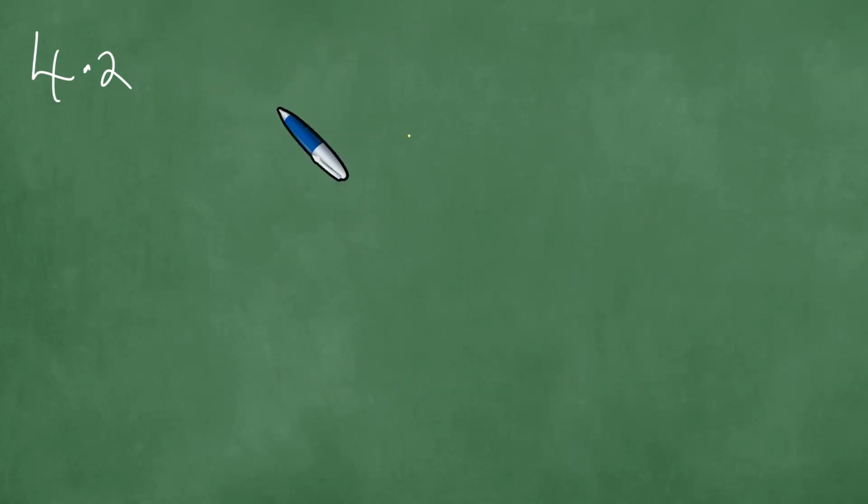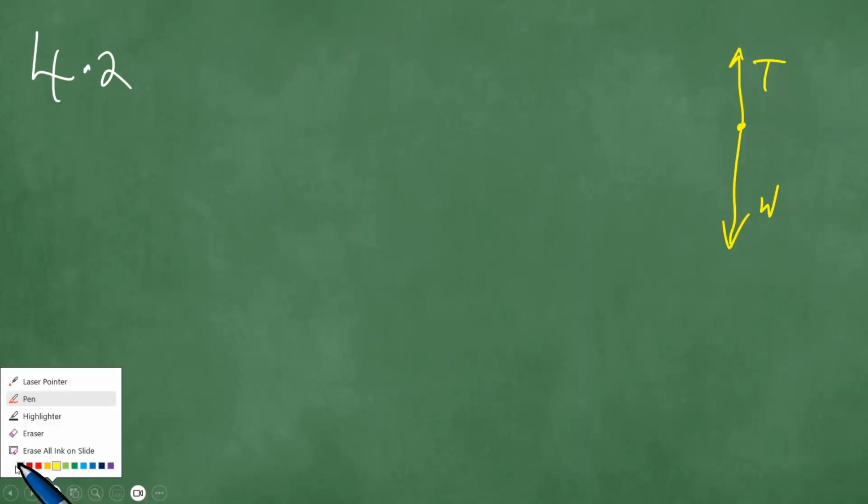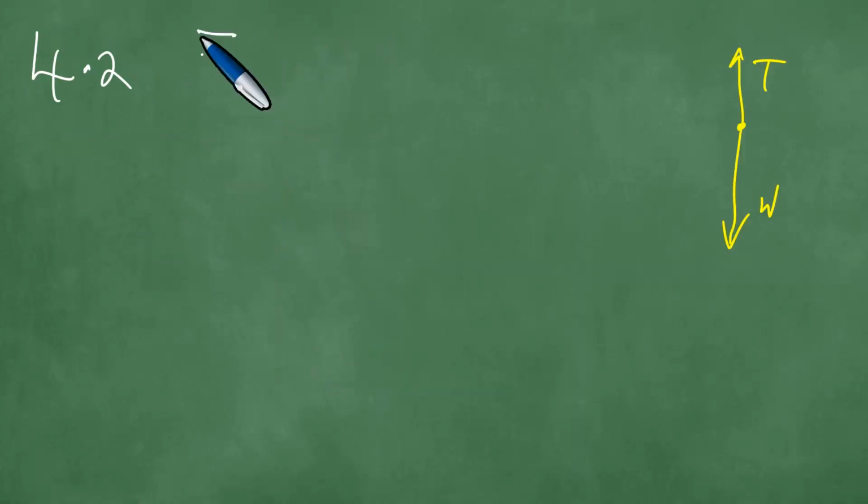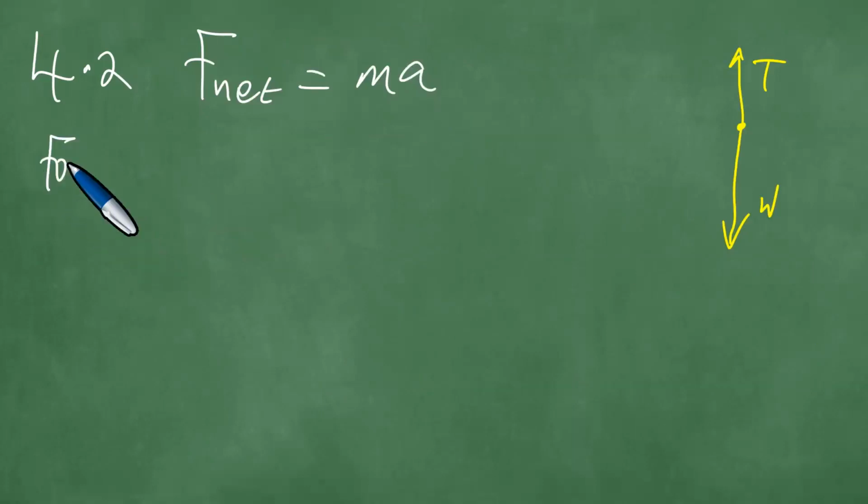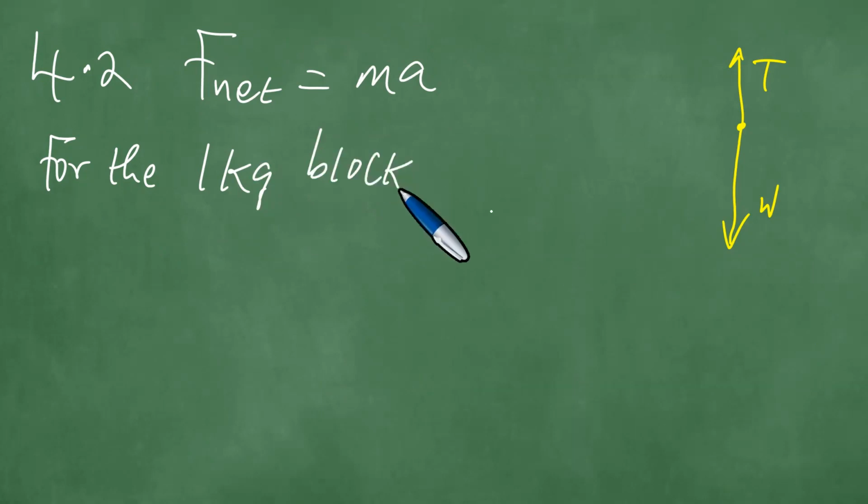Right, so here is the 1 kg block. There's a weight, but also there's tension. So it means that F net is MA for the 1 kilogram block.